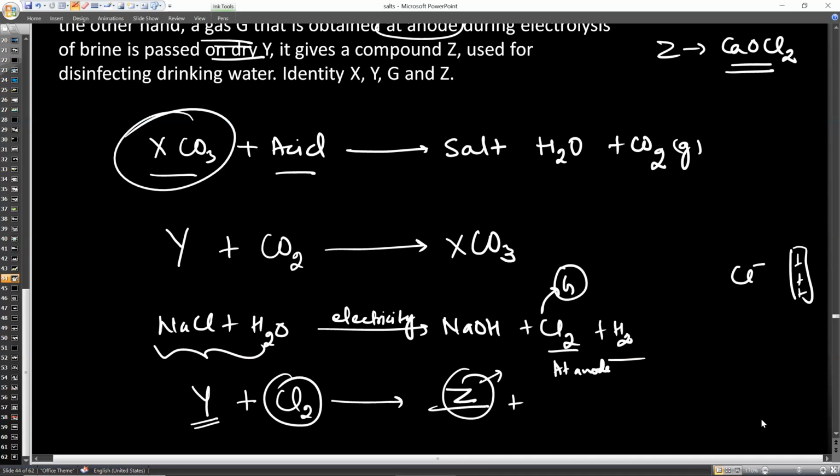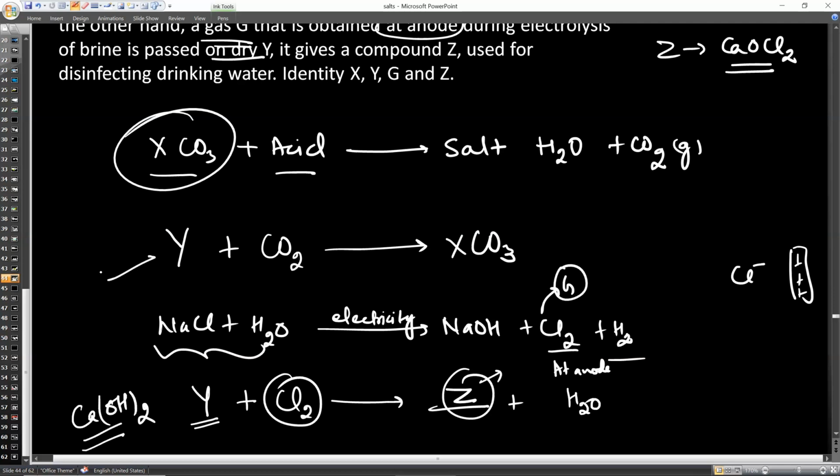Not calcium carbonate. It is calcium hydroxide. You have to remember this one, okay? So when calcium hydroxide reacts with chlorine gas, it gives you bleaching powder plus water. So Y is calcium hydroxide.